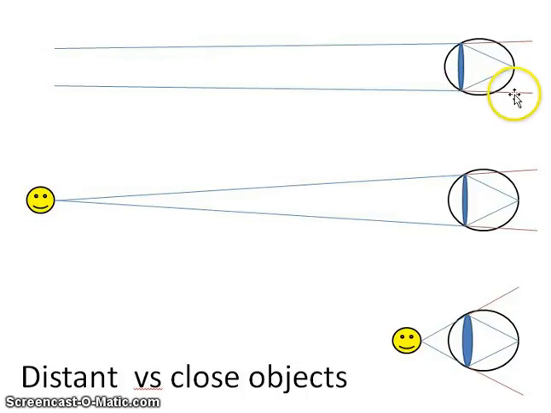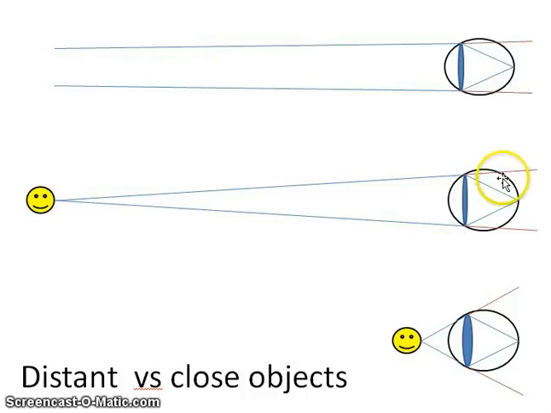So if they went straight, it would look like this red line here. So this angle right here between this blue line and this red line represents how much your lens has to refract or bend those two light rays to get them to meet again at the same point on the retina. So here we have kind of a faraway object and a definitely very close-up object, and you can see that the light rays from the closer object are much more divergent than the light rays from the further away object.